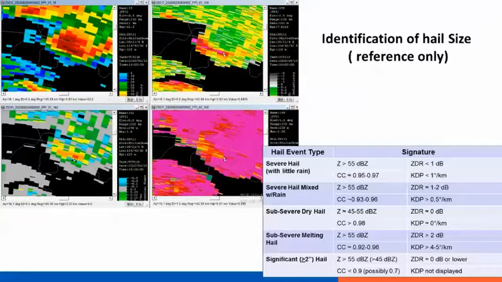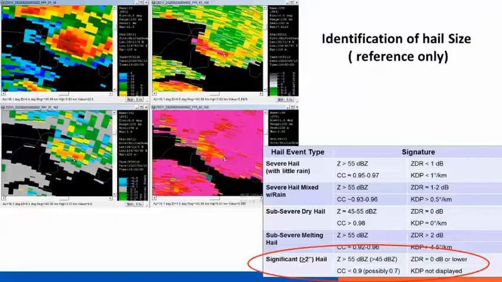Look at these two polarization Doppler radar products. We use them for identification of hail size. Look at this in the last line, giant hail or significant hail. The reflectivity is greater than 55 dBZ, the ZDR is equal to 0 or lower, the CC is less than 0.9, and especially the KDP is not displayed.